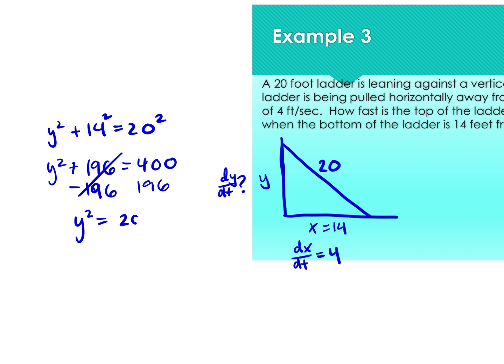So y squared is equal to 204. Take the square root. So y is the square root of 204. We can simplify this, but you don't have to because this isn't the answer to our question. If you want to just leave it like this, that's fine. You don't need to simplify because the rest is just going to be our work.